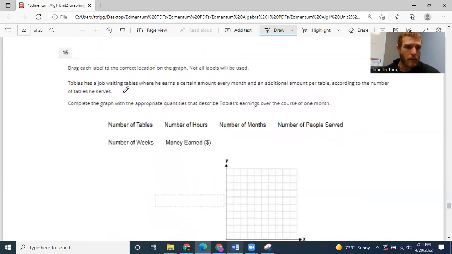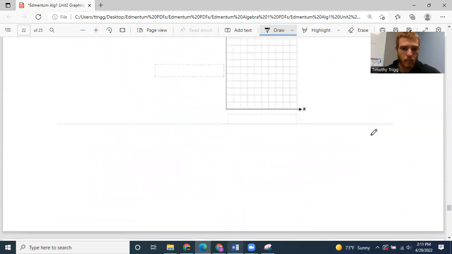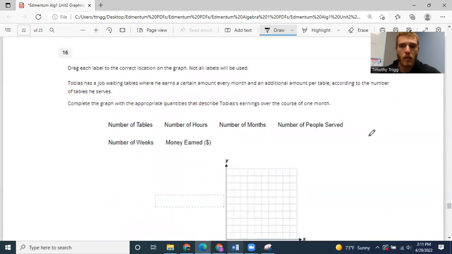Drag each label, okay. Tobias has a job waiting tables where he earns a certain amount every month and an additional amount per table, according to the number of tables he serves. Complete the graph with the appropriate quantities that describe Tobias's earnings over the course of 1 month. Okay.